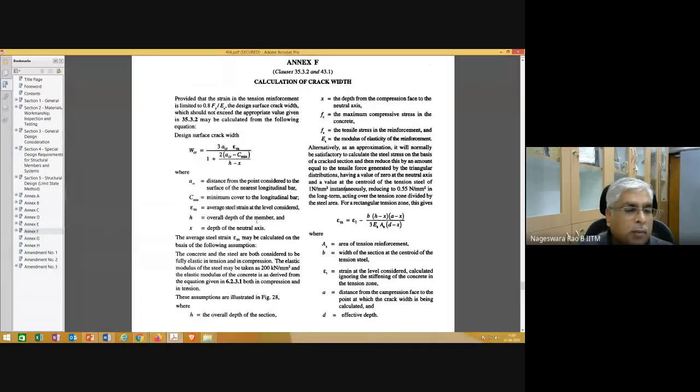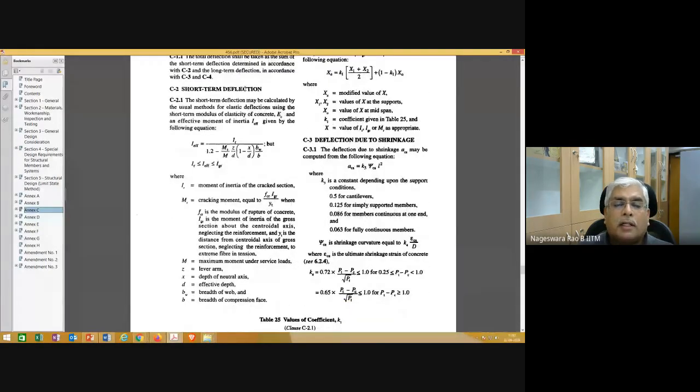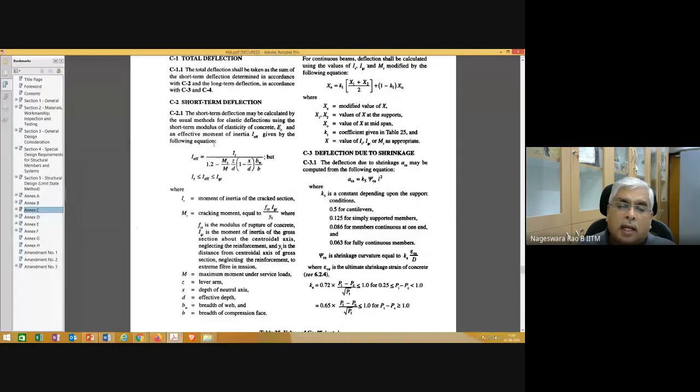Before that, let me show you here. Please note that even for deflection calculation, the I effective is an empirical relation. Even the equations like deflection due to shrinkage are empirical in nature, in the sense that K3 is a factor which depends on support conditions and other things.